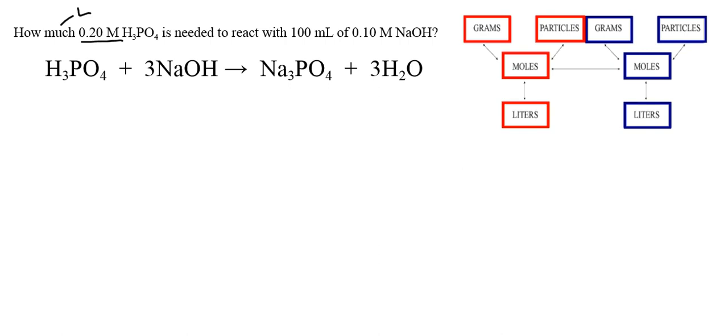So let's organize our information yet again. I have 0.2 molar of H3PO4, and it says here that I have 0.1 molar of NaOH and 100 mils of that solution. So it appears that I don't know my volume. Now, this is important. It is not volume that's on here.